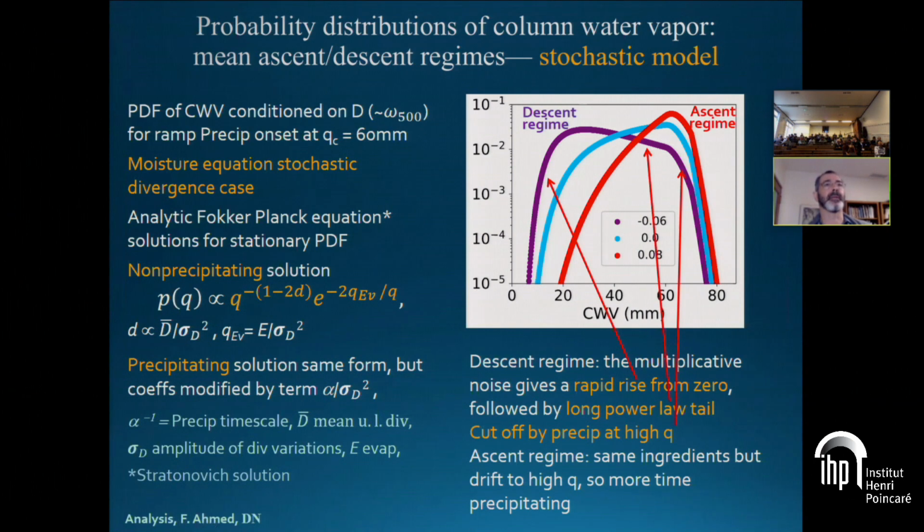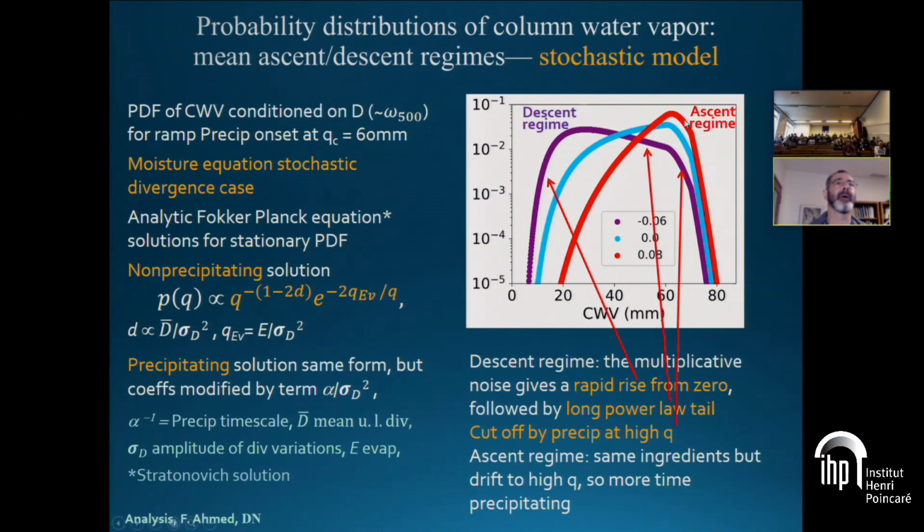The precipitating solution is somewhat more complicated, has generally the same form, but the coefficients get modified by the fast time scale of the precipitation in that empirical rapid onset. And so you get a rapid drop of the probability of precipitation with a characteristic scale that depends on that time scale in the precipitation.